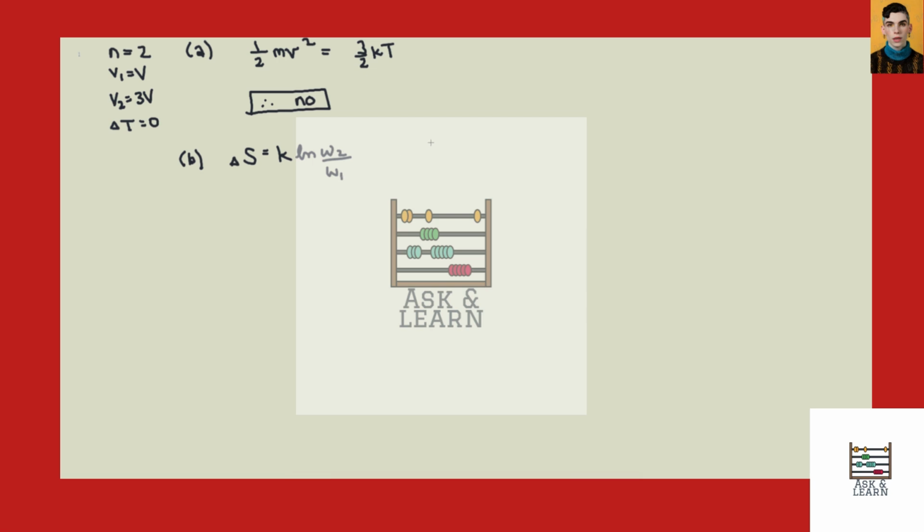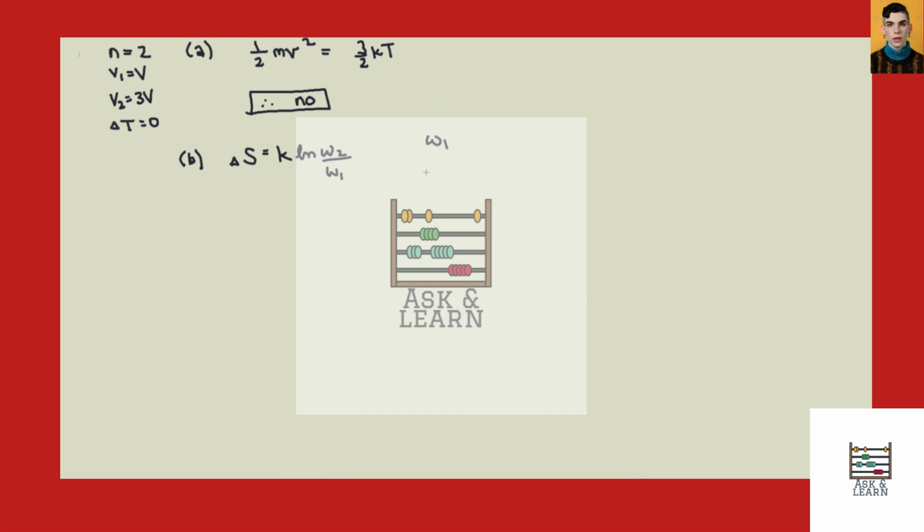So let's take a closer look. If we know that initially we have omega 1 accessible states in a volume V, and we expand to a volume 3 times that of our initial volume, this means that each molecule now has 3 times as many accessible states.